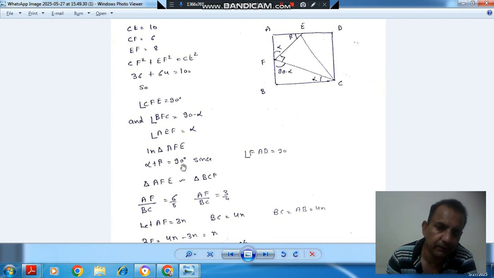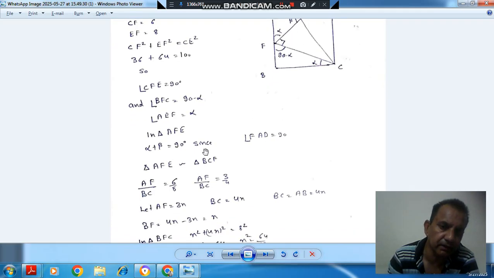Now triangle AEF and triangle BCF are similar triangles because this angle is alpha, here there is angle alpha, this angle is 90, this angle is 90, and this angle is 90 minus alpha. Beta is 90 minus alpha. So they are similar triangles.